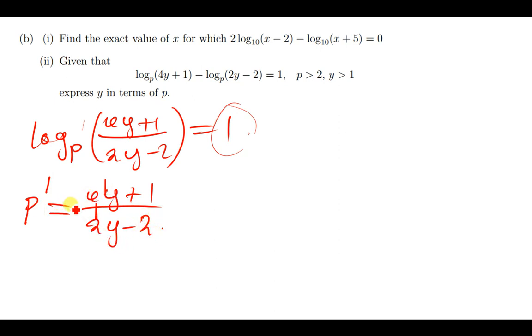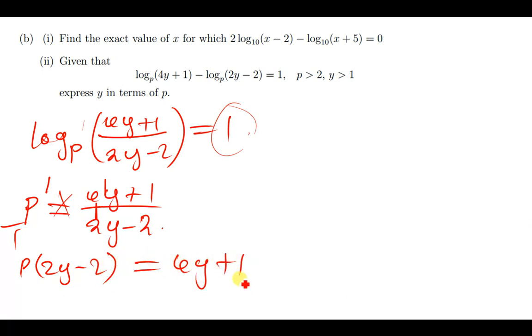So we can cross multiply. I'm going to say p times 2y minus 2 is equal to 4y plus 1. They are asking us to express y in terms of p, meaning we are supposed to make y the subject of the formula.